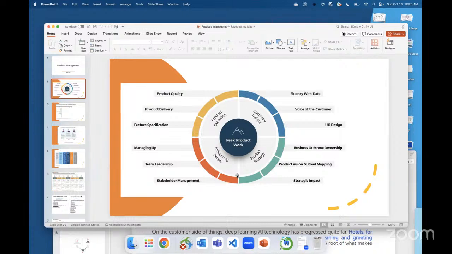Once we do that, we have product execution, where we try to build those products and features that we determined in our product vision and road mapping. In product execution, there are different phases, and we have about 12 phases. We cover all those 12 phases. These phases are temporal, which means they are time driven.